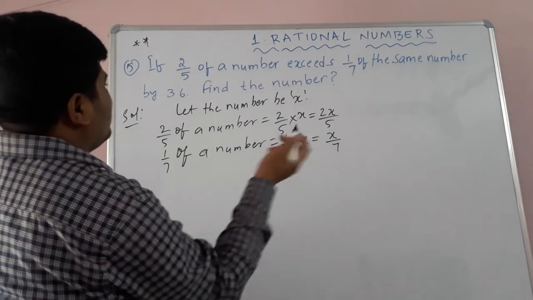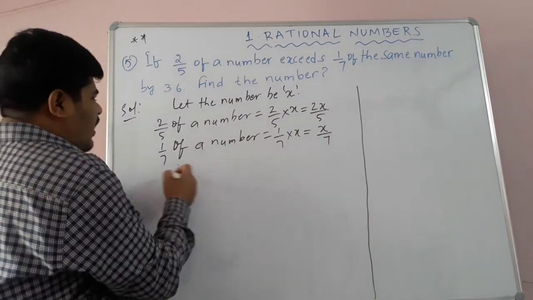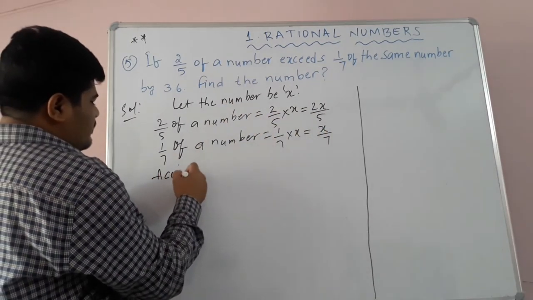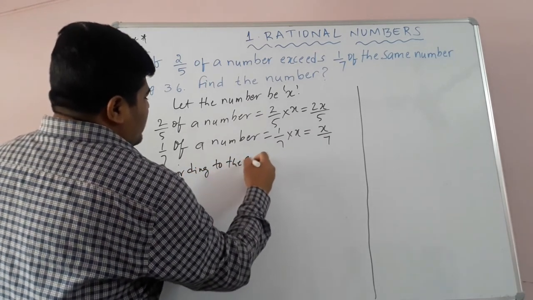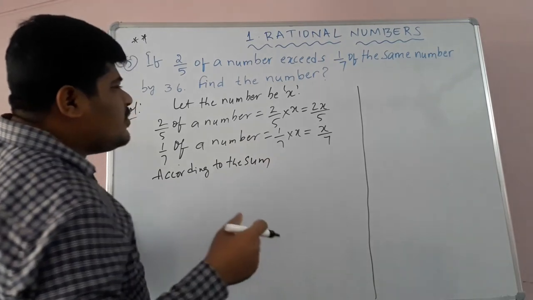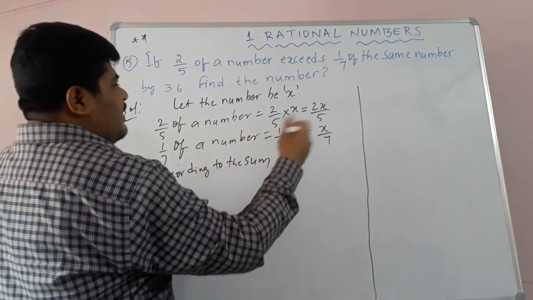Now, it exceeds this number by 36, children. According to the sum, what can we write? 2x by 5 exceeds x by 7 by 36.